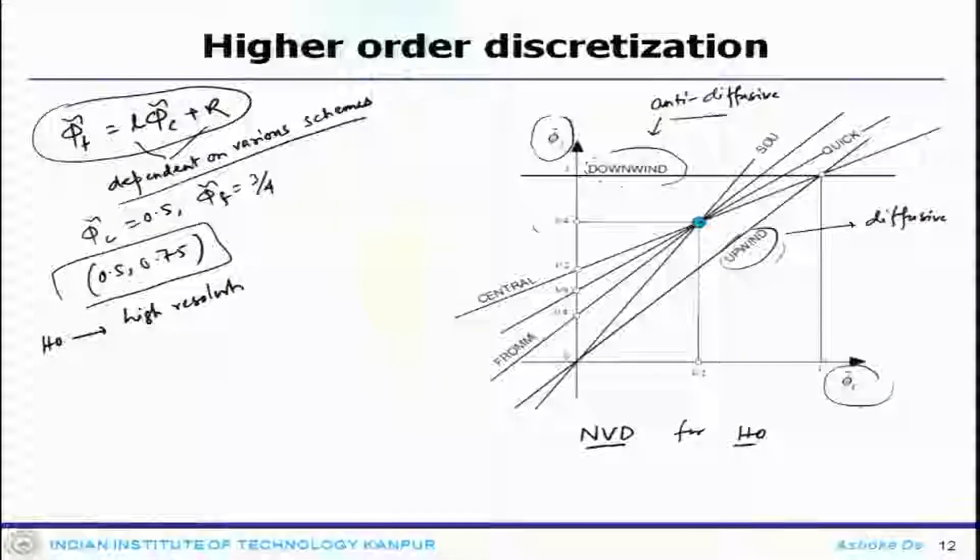Now, what we have seen so far is that these higher order schemes have high resolution, which is one important thing. Then they have to be stable, but at the same time, as we have been saying, these become unbounded.